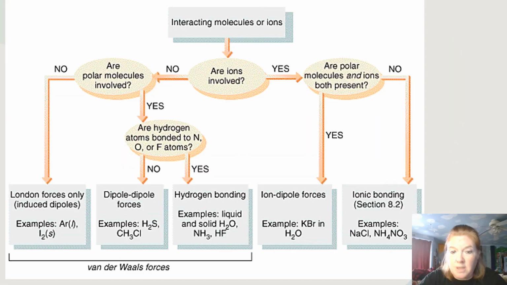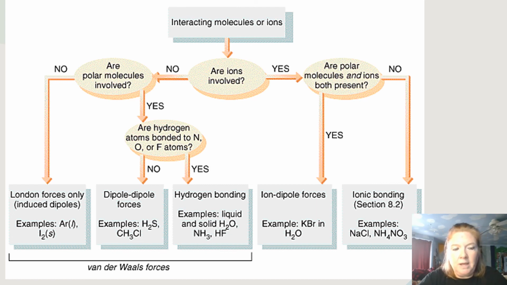So if we summarize it, if we have ions, say we had salt dissolved in water, we can have an attraction between an ion and a dipole, so between a positive ion and a negative partial charge. If there are only ions, then we just have ionic bonding.